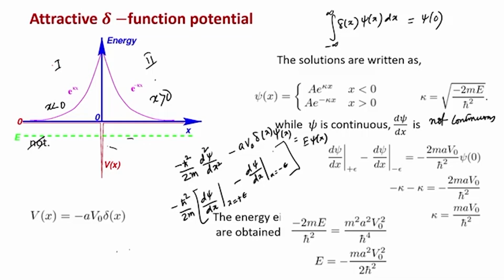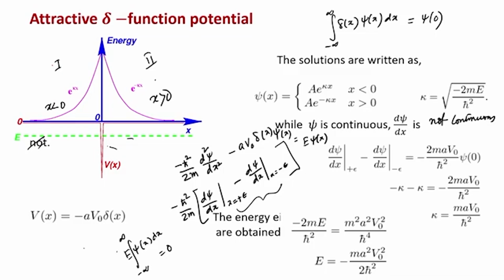And so psi at 0 is continuous. So, this thing becomes equal to minus 2 m a V naught by h cross square psi at 0, and the right hand side, E psi of x dx integrated from minus infinity to plus infinity, gives us 0.